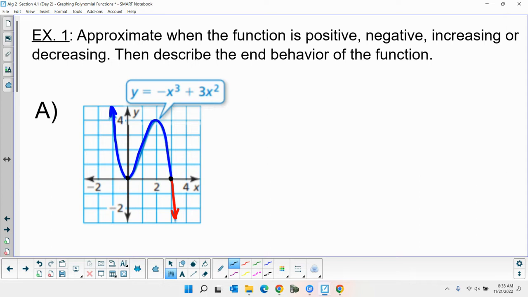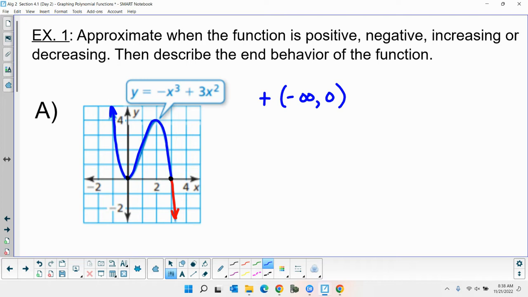Okay? So for the positive part, it would be from negative infinity to 0. But that's interval notation, from one number to the other with parentheses around it.